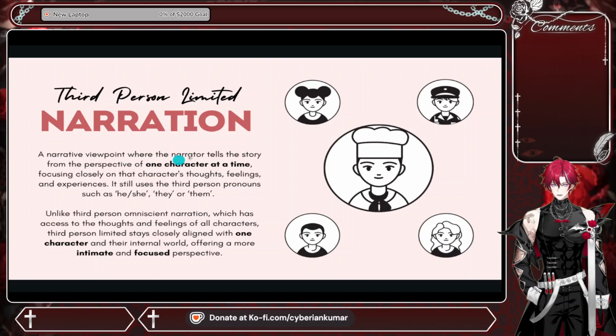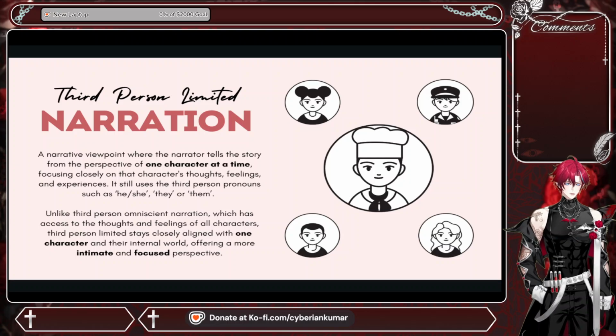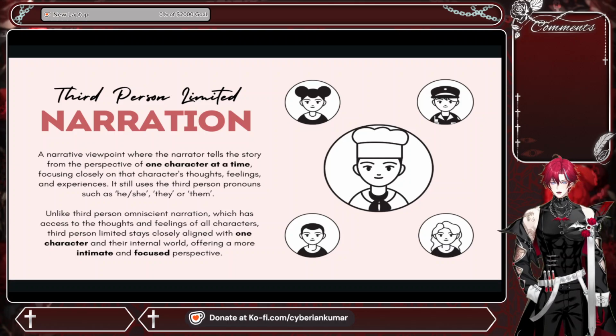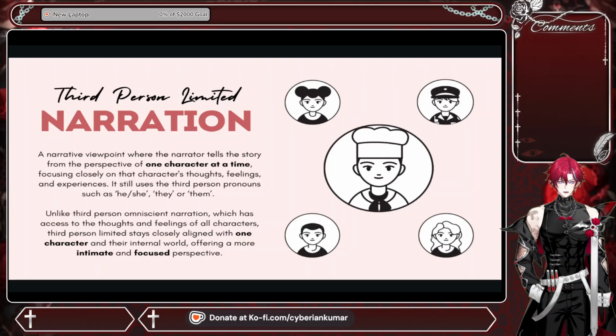A narrative viewpoint where the narrator tells a story from the perspective of one character. So if you want to switch perspectives from one character to another character, you use third person limited narration. The good thing about this is that it focuses closely on the character's thoughts, feelings, and experiences.